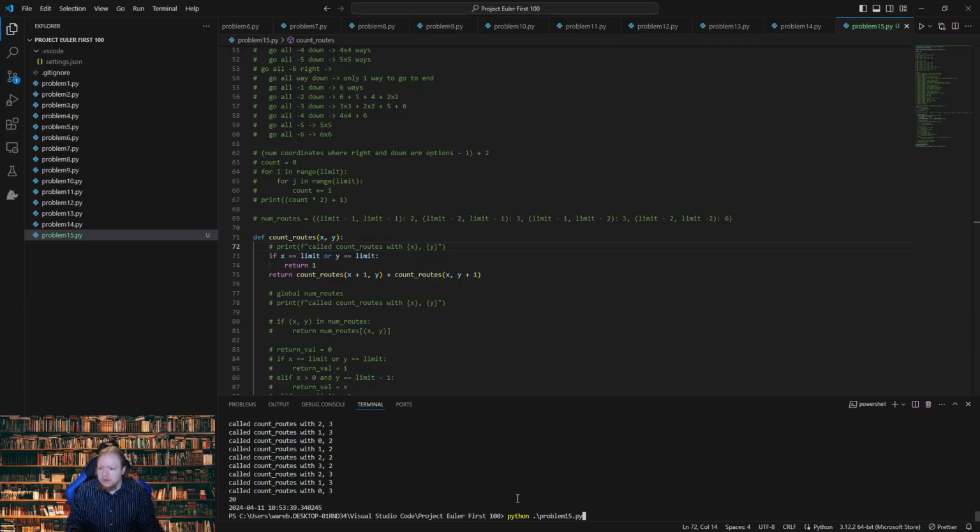Yeah, let's just see what we end up with for 20 by 20. Obviously, it's taking a bit longer, probably because counting to 20 is just significantly larger than counting to 3, and it's going through all of these points systematically, hopefully.